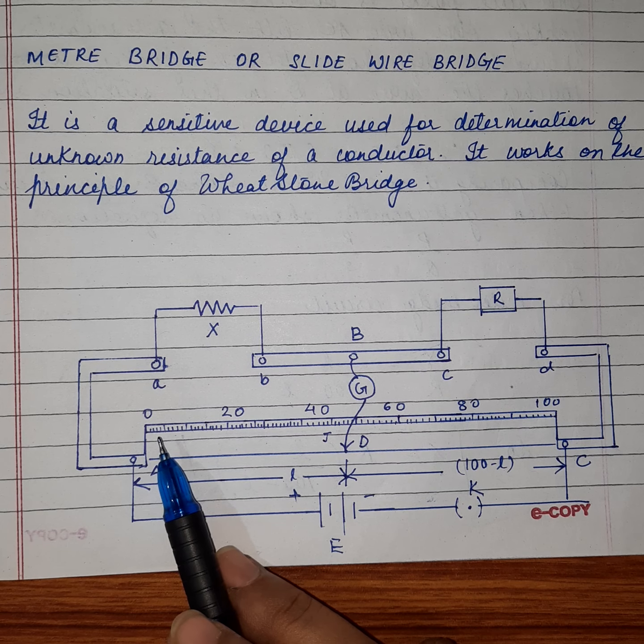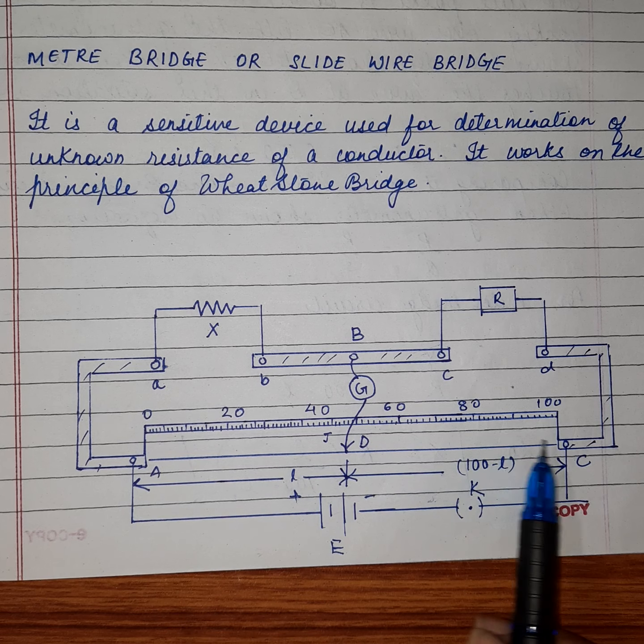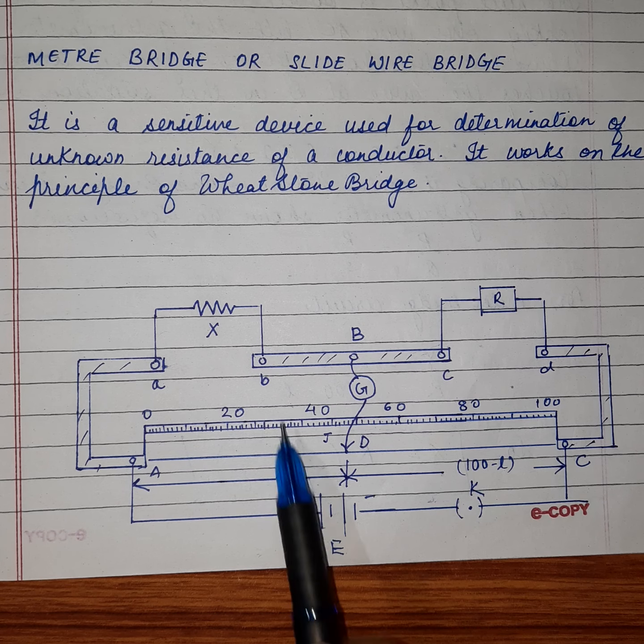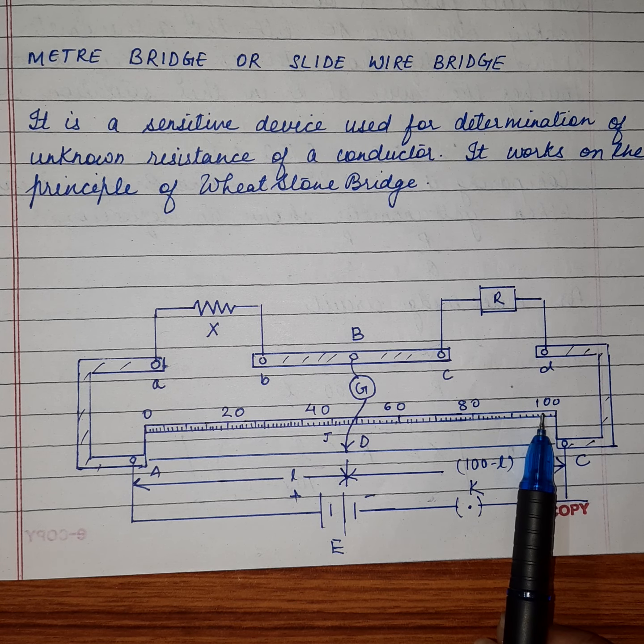It is stretched on a wooden board. Between points A and C, a scale is also fixed on the board parallel to this wire. This is the wire, and this is the scale, right?